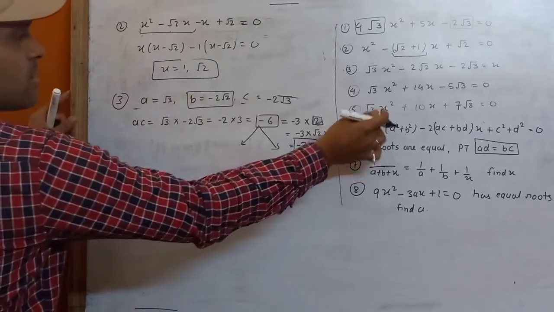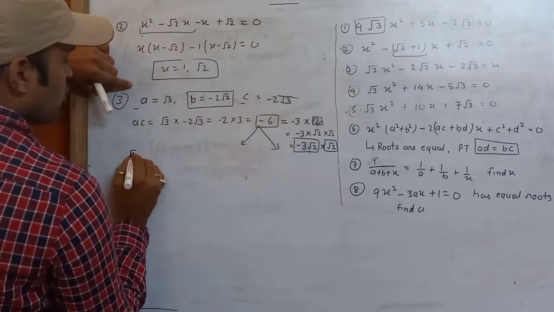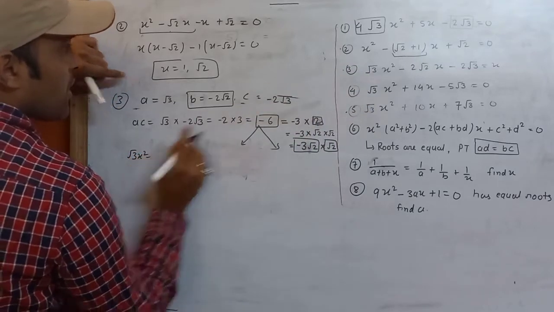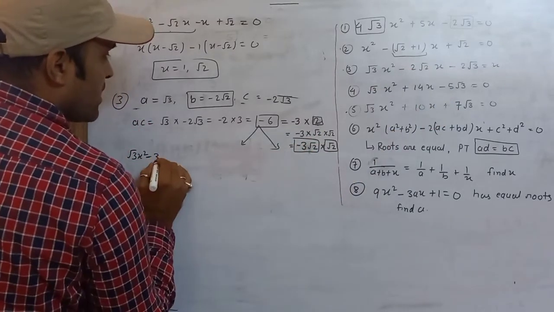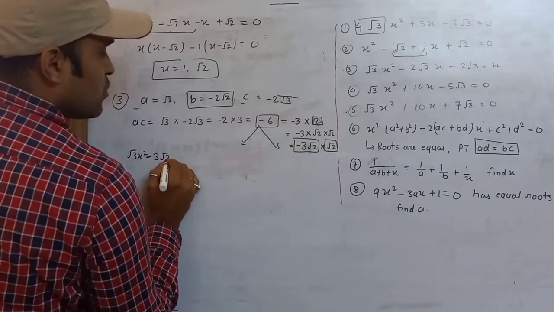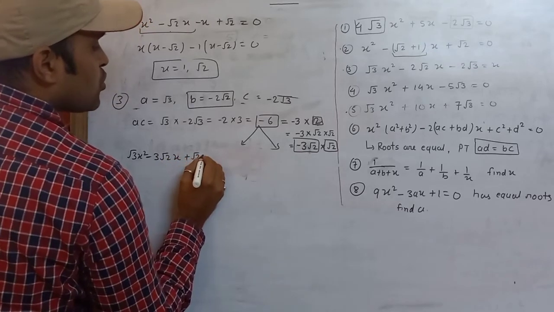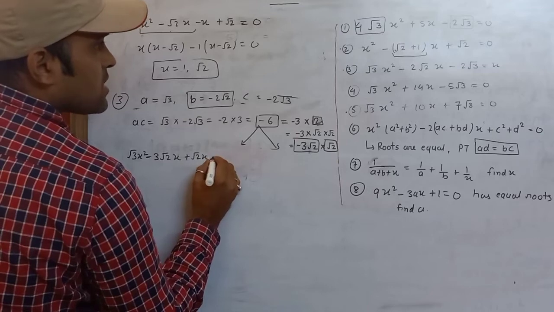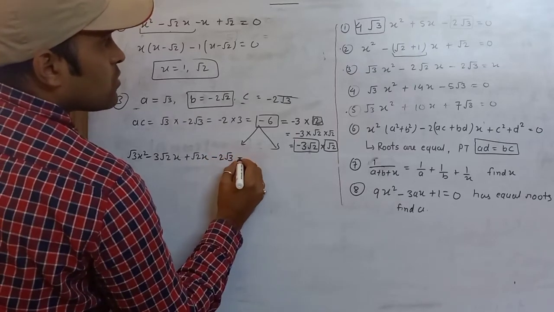So I will write the quadratic equation again here: root 3x square minus 3 root 2x plus root 2x, next is minus 2 root 3, which is equal to 0.